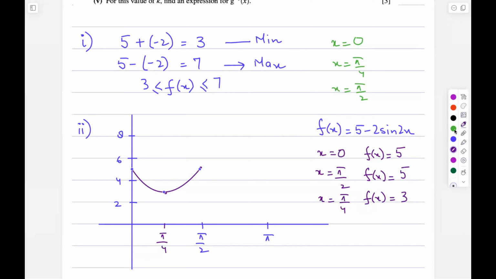And now taking x equals pi, the f of x will be equal to 5, since sine of 2 pi is 0.